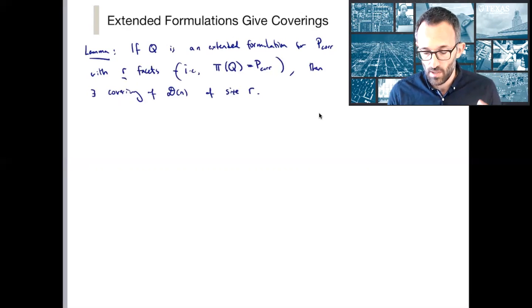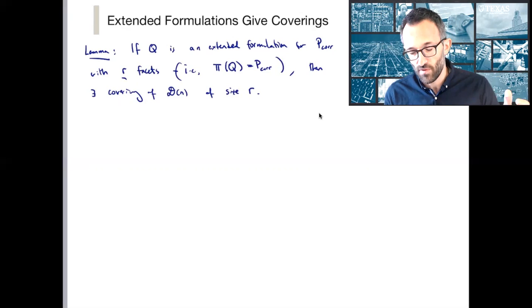So the size of an extended formulation upper bounds the size of the smallest covering.